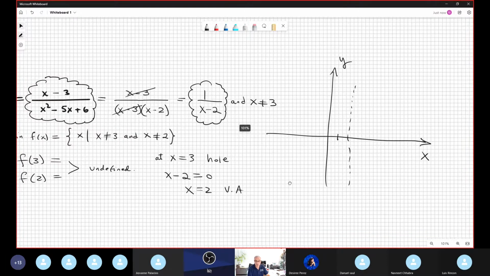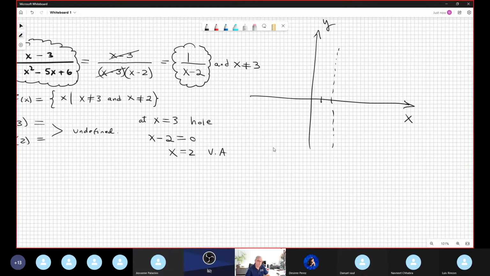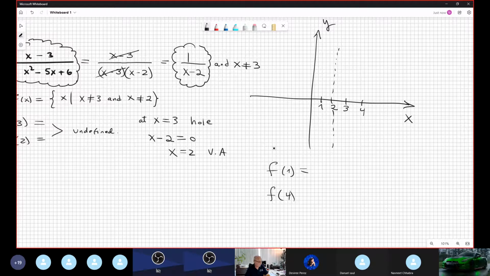To understand the specific behavior here, you evaluate the function at 1, for example, and you evaluate the function at 4. At 3, no, because at 3 is a hole. When you evaluate at 1, you can use either way, this or this.